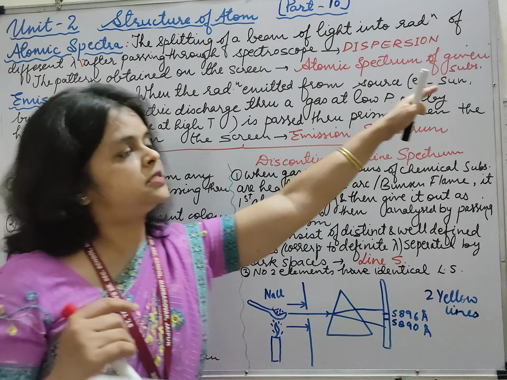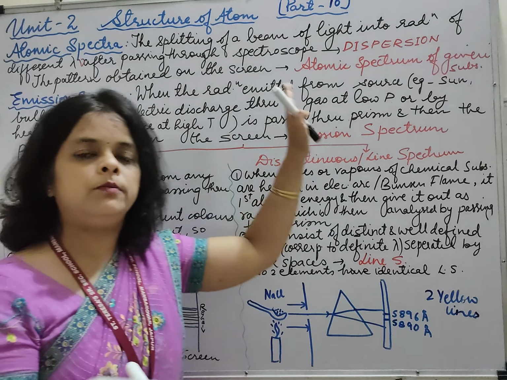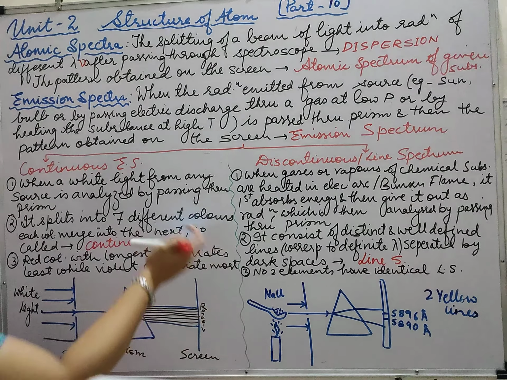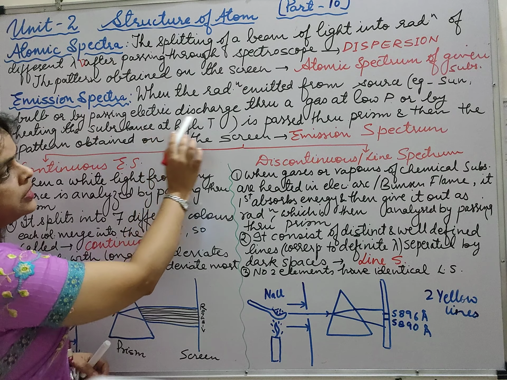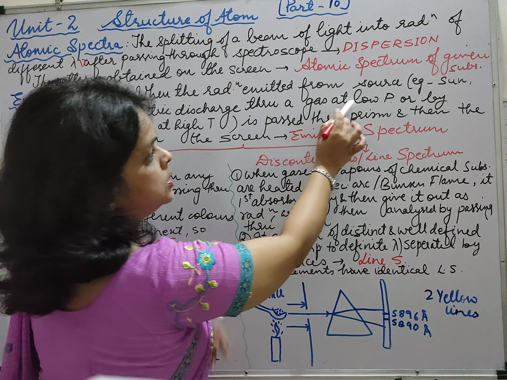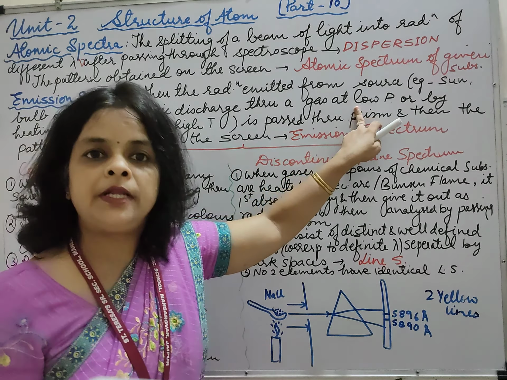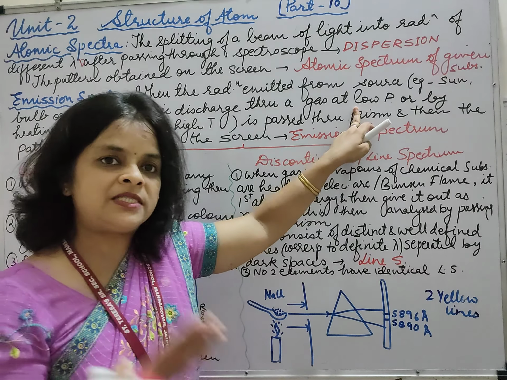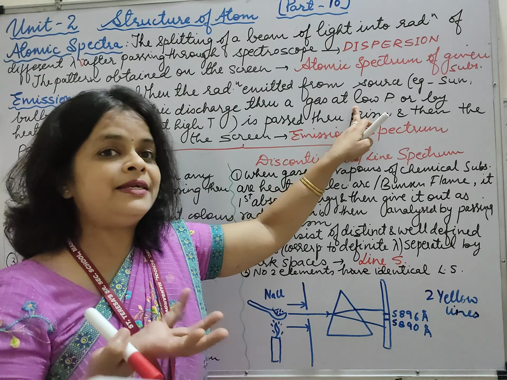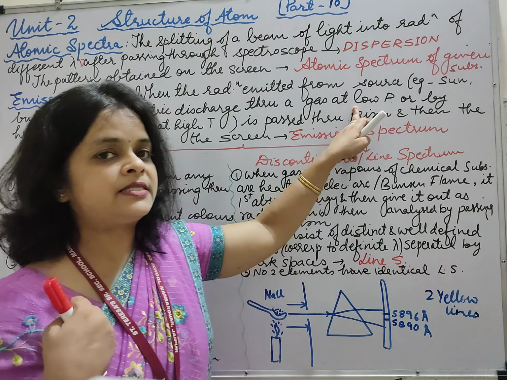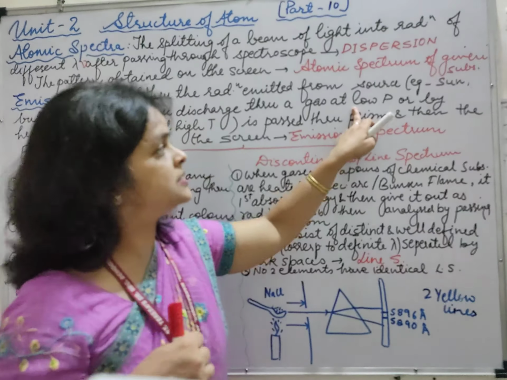So the first type is the sun, bulb, or any hot glowing body, and the second type of source is passing electric discharge through a gas at low pressure. Any gas maintained at low pressure, when you pass electric discharge through it, gets excited. Atoms get excited, in that electrons get excited.